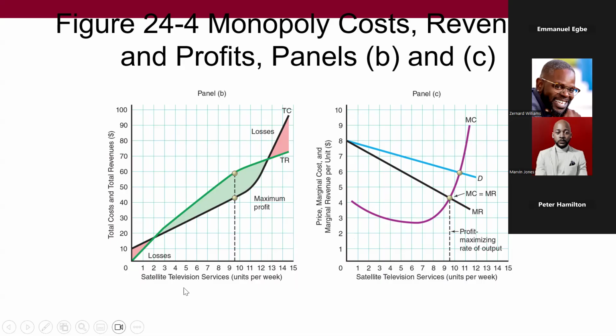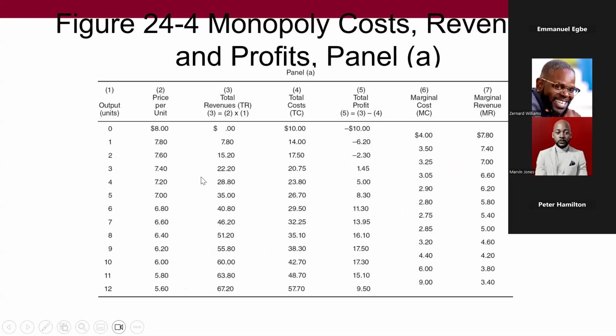Now, as we can see from this table here, when 5 units are sold, the total revenue is 35, and the marginal cost is $2.80. If the price is, say, $6, they sell 10 units, and you can see the marginal cost is $4.40.